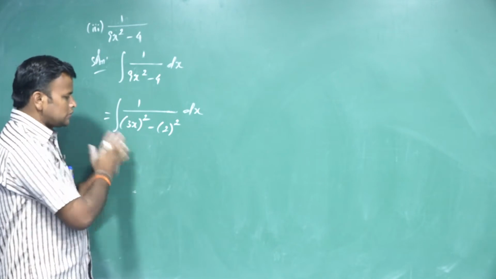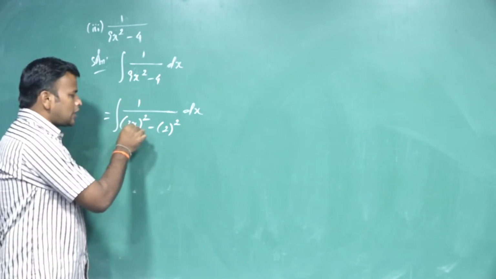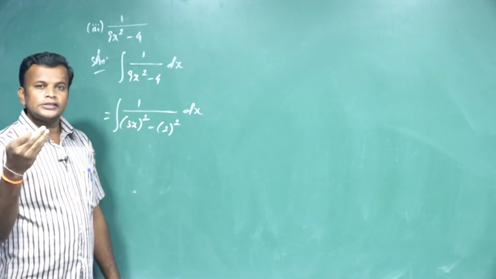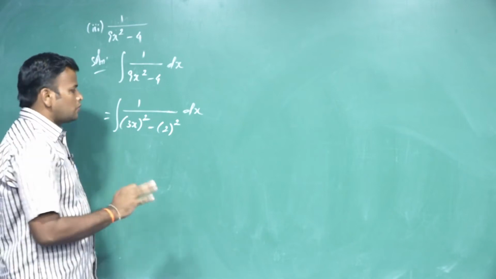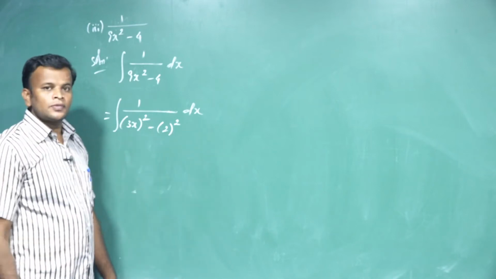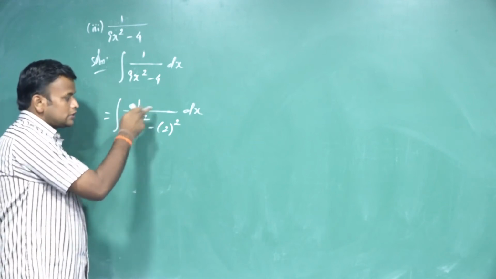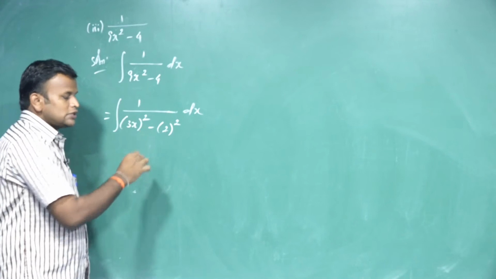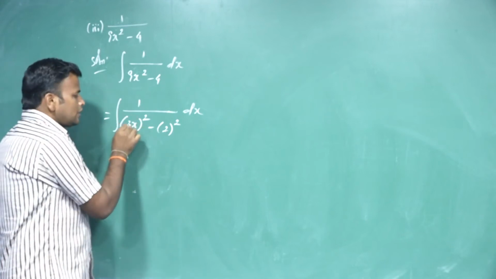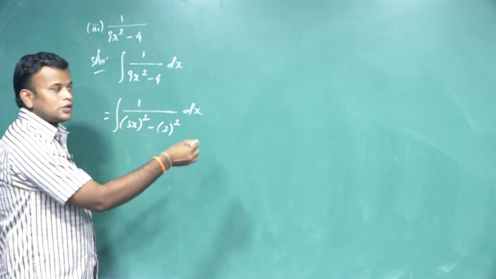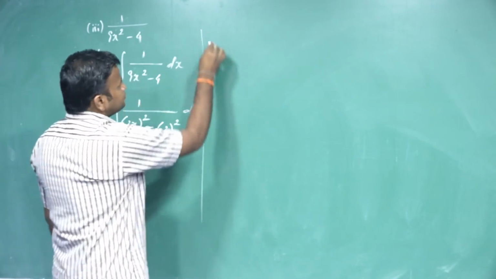First, using the basic formula, we differentiate the term with respect to x and put the answer in the denominator. It's important. Now it is in the form 1 divided by, first one variable is there, so we consider it is x. So x square minus 2 square, where 2 is a constant. So it is in the form x square minus a square. So I write the formula.